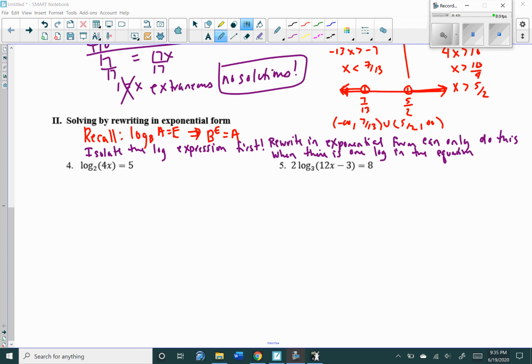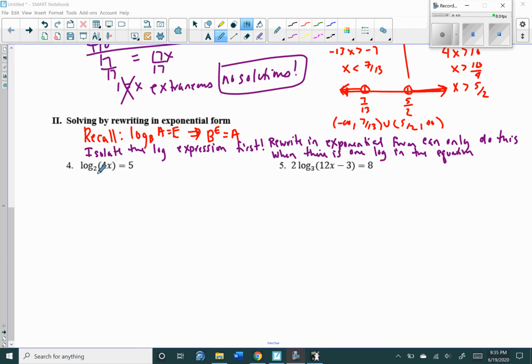So you can't rewrite this in exponential form if there are multiple logs. That's why we did the properties of logarithms in the last section. So we went from an expanded form to condensed form and vice versa. So if you have multiple logs, you need to use those properties to write it into one single log first, and then you can rewrite it.